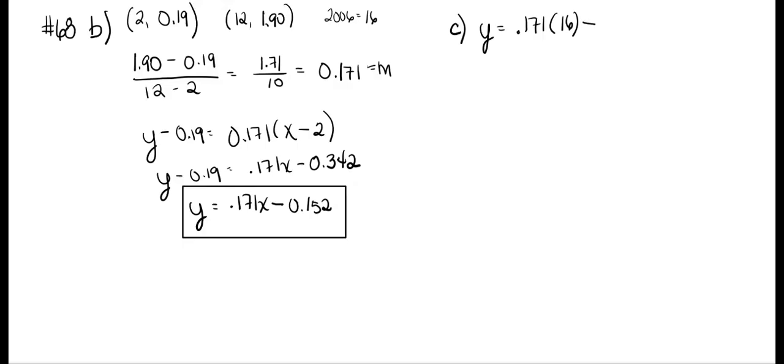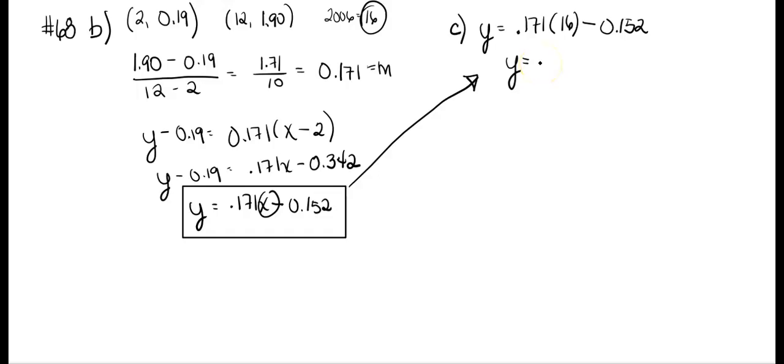Every X on this line is going to have a Y value associated with the slope and the minus 0.152. I'm sorry, I'm rambling. Basically, I'm going to take this 16 right here and plug it into this X in the equation up here so I can solve for Y and figure out how much my stock value would be if it was to continue rising at the same rate.